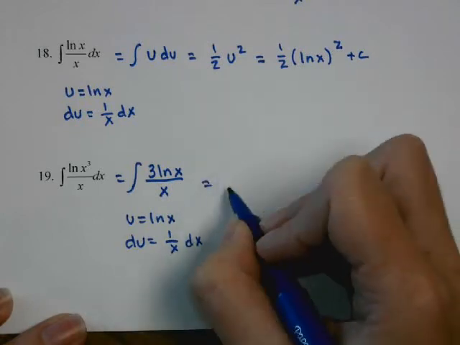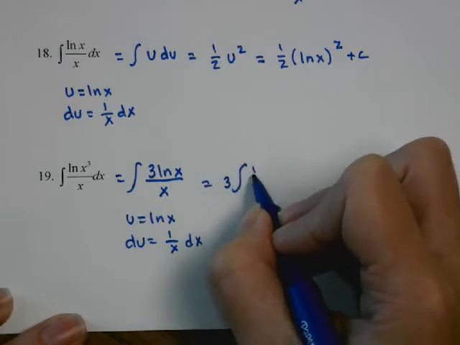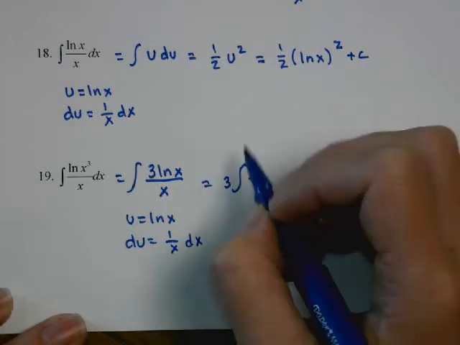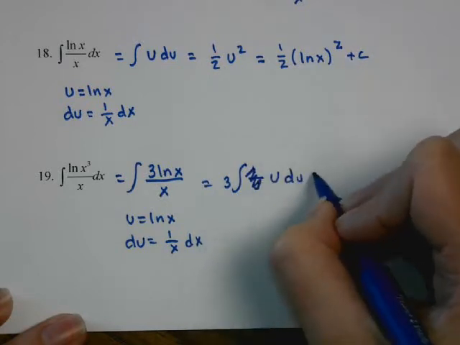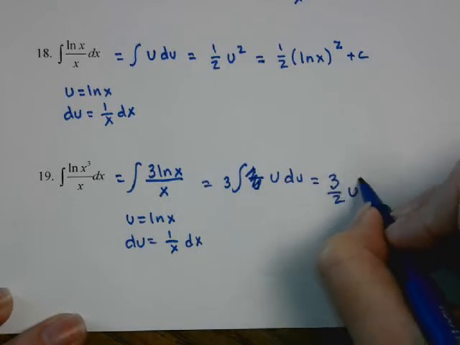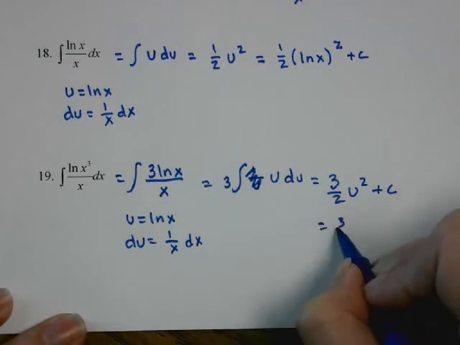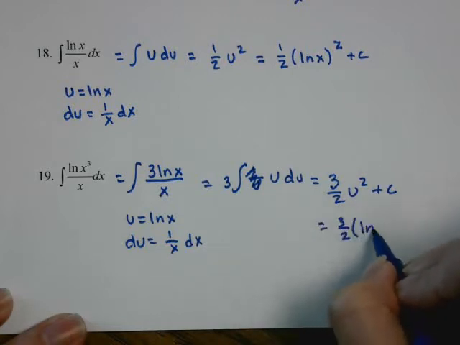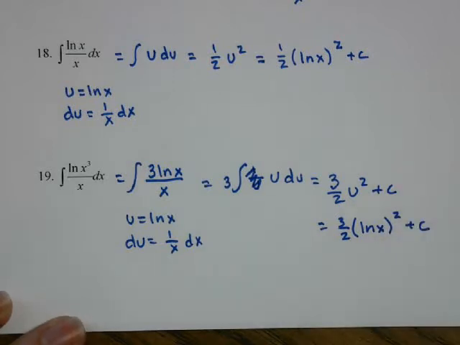So this is now the integral of 3 u squared du, which is going to be 3/2 u squared, which is going to be 3/2 natural log of x squared plus c.